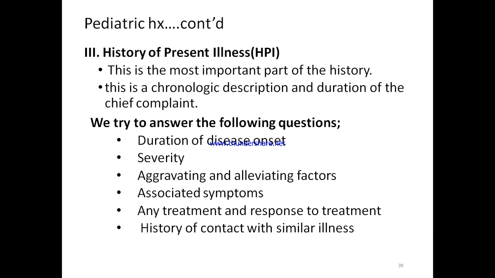The other part of pediatric history is the history of present illness, which is the most important part of the history. History of present illness is a chronologic description and duration of the chief complaints. We try to answer the following questions: what is the duration of the disease or disease onset.